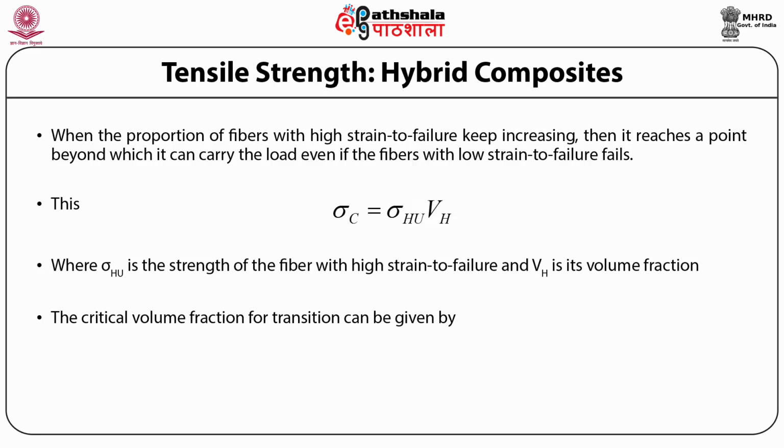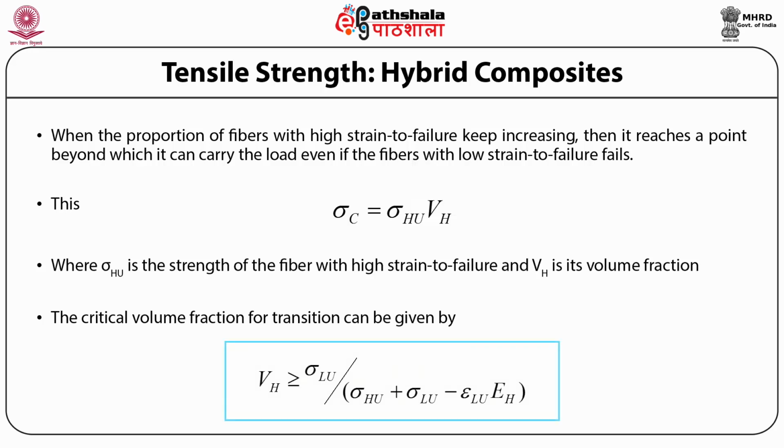So, the critical volume fraction for transition can be given by VH must be greater than or equal to sigma Lu divided by sigma Hu plus sigma Lu minus epsilon Lu EH.